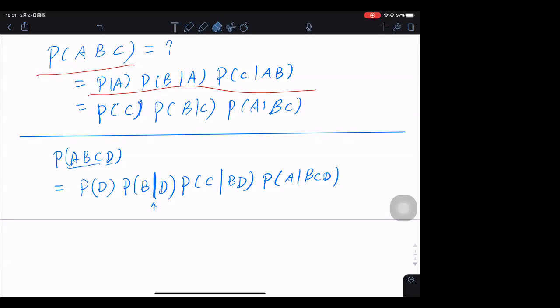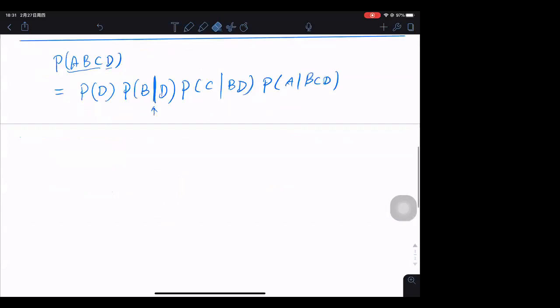So if you want to form some joint distribution, you can first write out a decomposition, for example like this one, and then you infer different components. For example, you can simplify some of the components, or you can assume some of the components are Gaussian, or some of them are beta distributions, etc. You can make these kinds of assumptions.